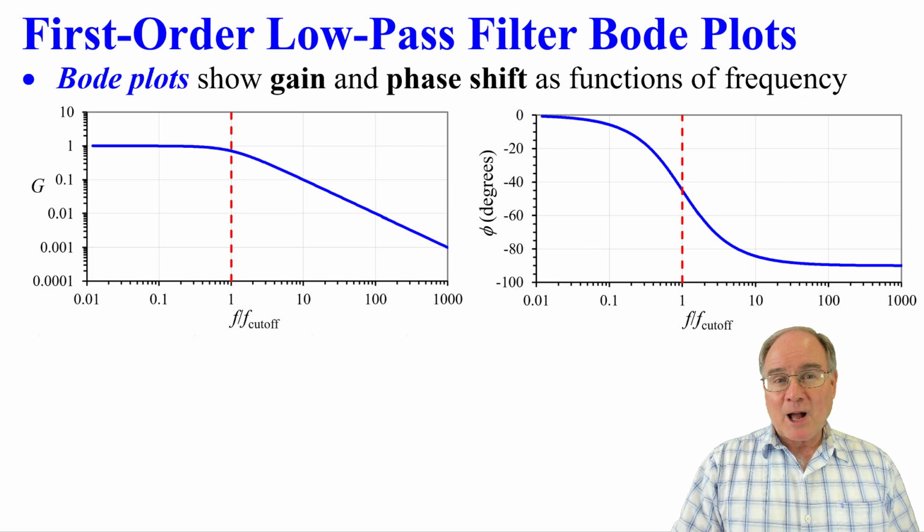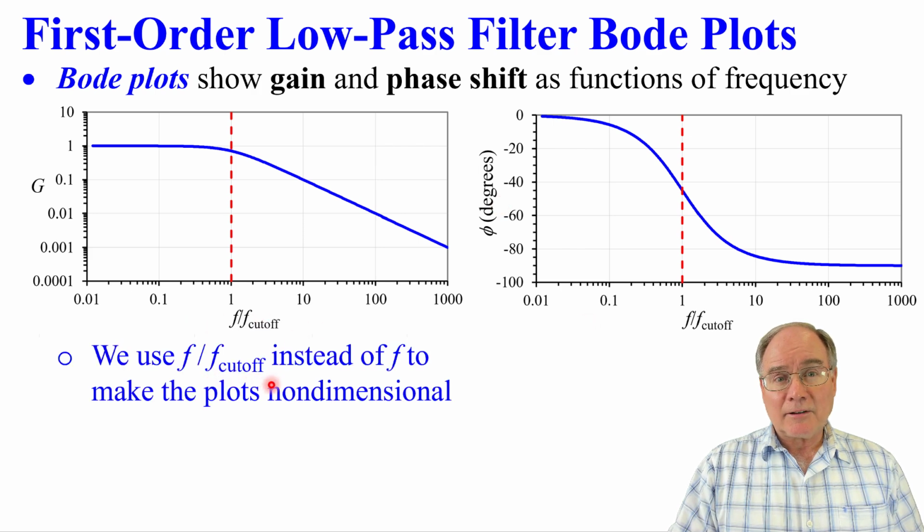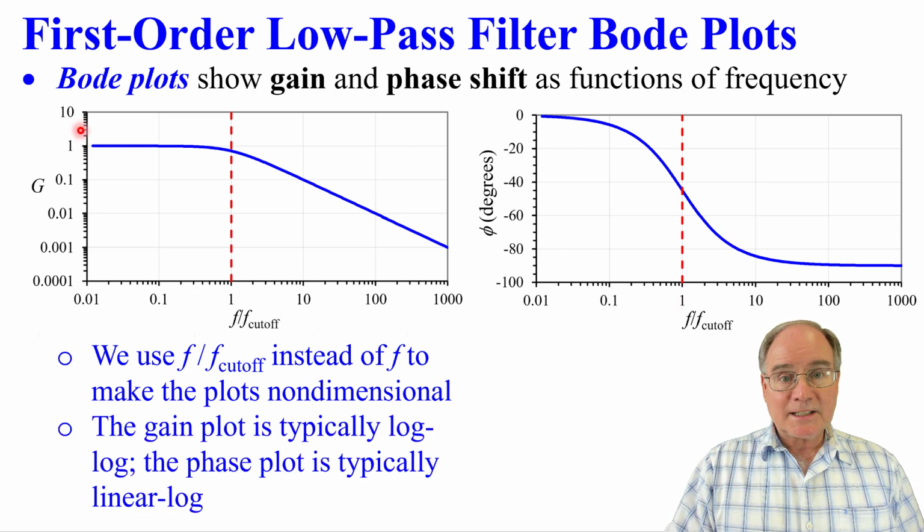There are useful plots called Bode plots, where we plot gain and phase shift as functions of frequency. I'll use f over f cutoff instead of f to make the plots non-dimensional. I put a vertical red line for the location where f is equal to f cutoff. The gain plot is typically log-log, as I mentioned previously, but the phase plot is what we call linear log.